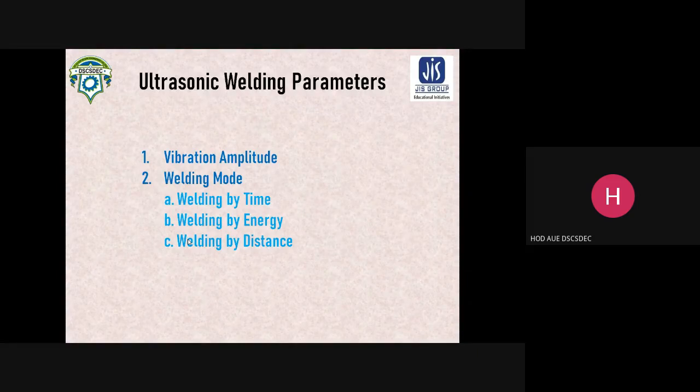Generally, the time range is 0.2 to 1 seconds. But the problem is that it doesn't give you a successful indication of proper welding. It doesn't necessarily mean that if I give a time limit of 0.2 to 1 second, it will give me the best weld joint. This mode works on the assumption that a fixed weld time will result in a fixed amount of energy transferred.